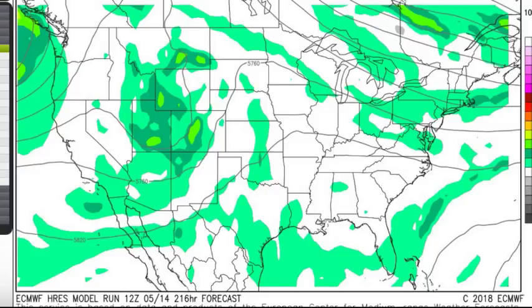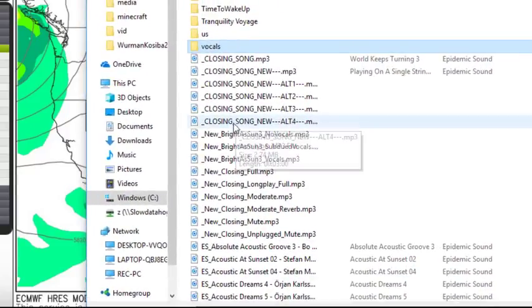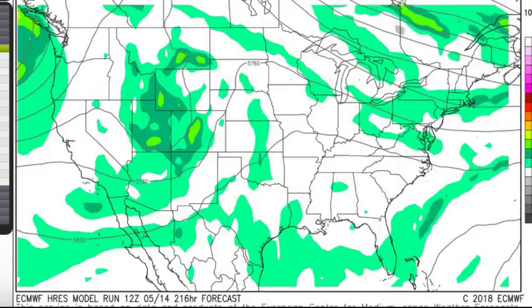Okay, closing song. Yeah, I've got a bunch of different versions of my song here. I don't know if y'all can see that, but I'm going to try one of these random ones. Y'all don't hear these very often, but we'll give it a shot and see what it sounds like.